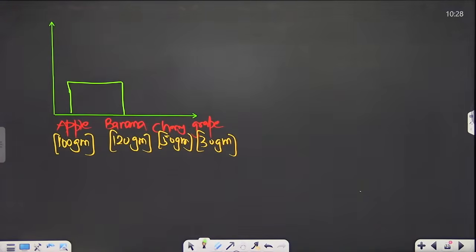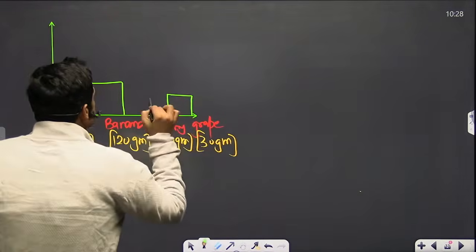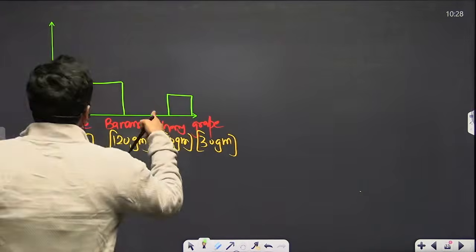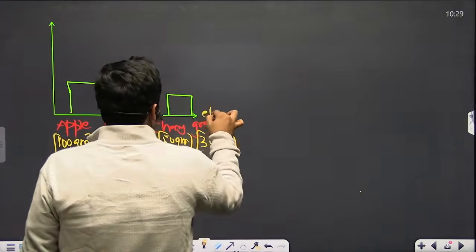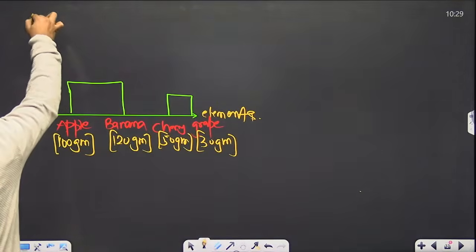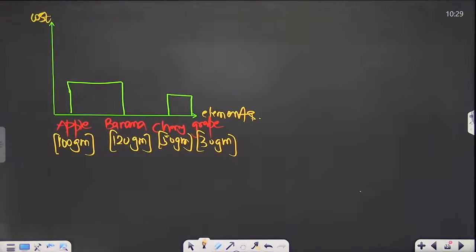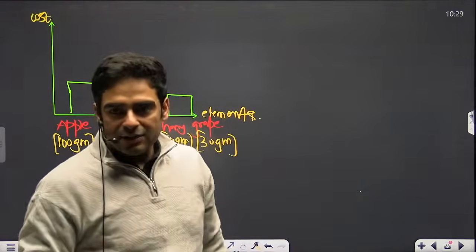Now this is a graph where the elements are present on the x-axis, and here we have the cost. What exactly the cost is, I'll tell you, and how to decide that cost factor.